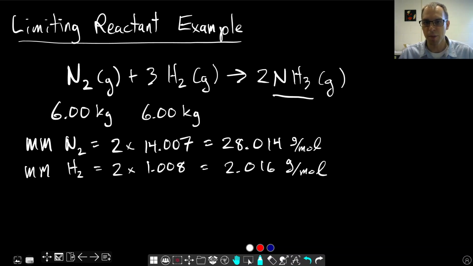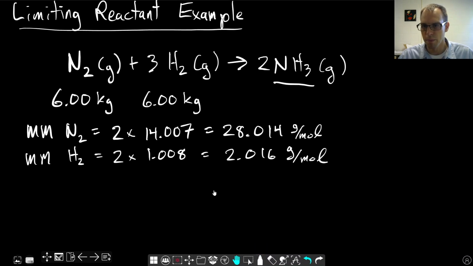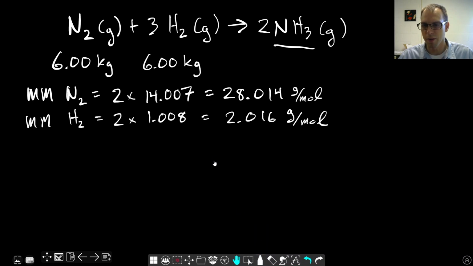Okay, so let's figure out how much 6 kilograms of nitrogen is in terms of moles. I'm going to set this up as one long calculation. We're going to go straight from kilograms of nitrogen directly to moles of ammonia. This is a multi-step problem, and we're going to do the multiple steps all in different fractions.